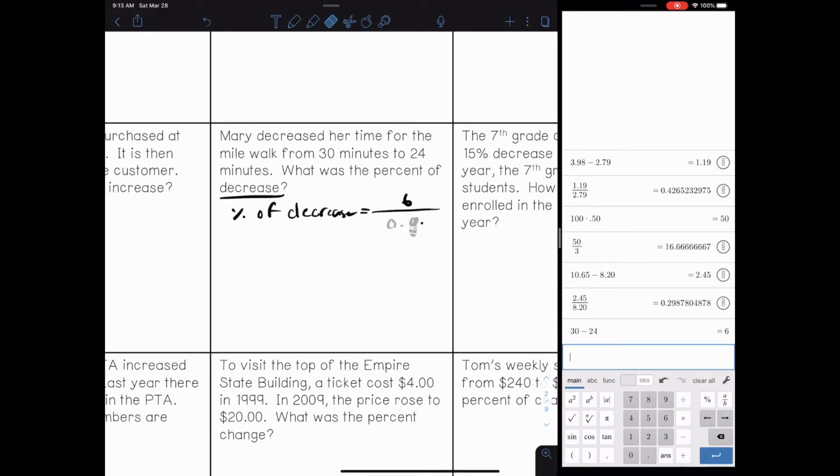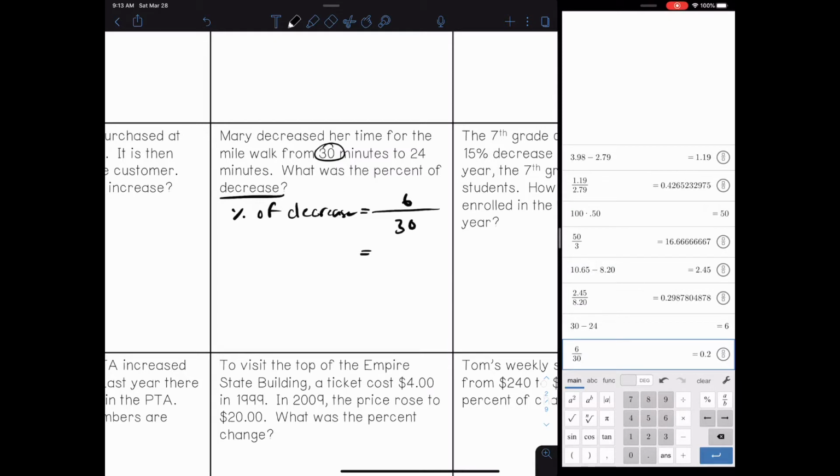Okay. How much was the original amount? Well, she started off with 30 minutes. Divide those two. You get 6 divided by 30, which is 0.2. Lastly, I need to write that as a percentage.